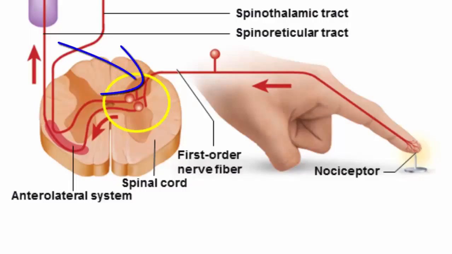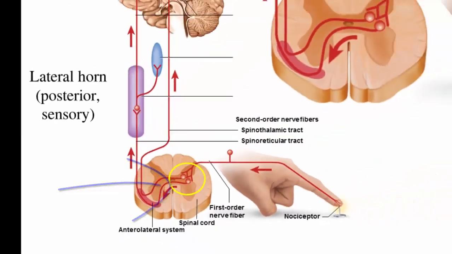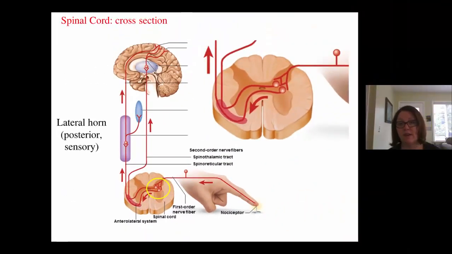And if you notice down here, the signal is being sent to the posterior horn of the gray matter. From there, eventually the information hops over to the white matter of the spinal cord and then is sent up to the brain, allowing you to feel that lovely pain of the tack on your finger.